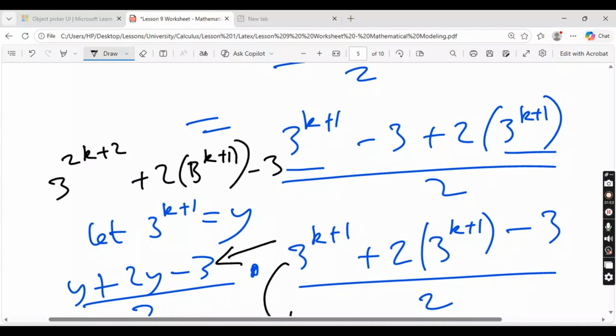But actually, it's a disguised quadratic equation.